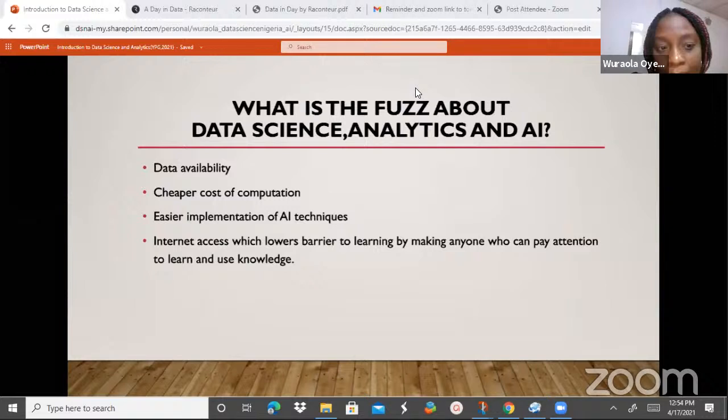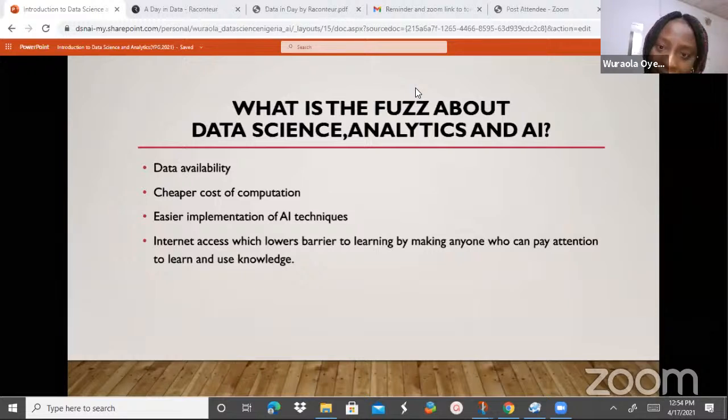So there's more digital data. People are giving logs of their lives, of whatever they are facing. They are sharing that information willingly. It's available online. And then there's easier implementation of AI techniques. Machine learning is an AI technique.